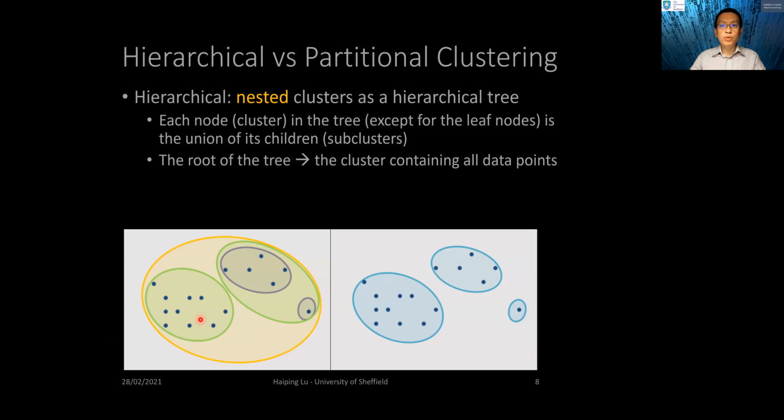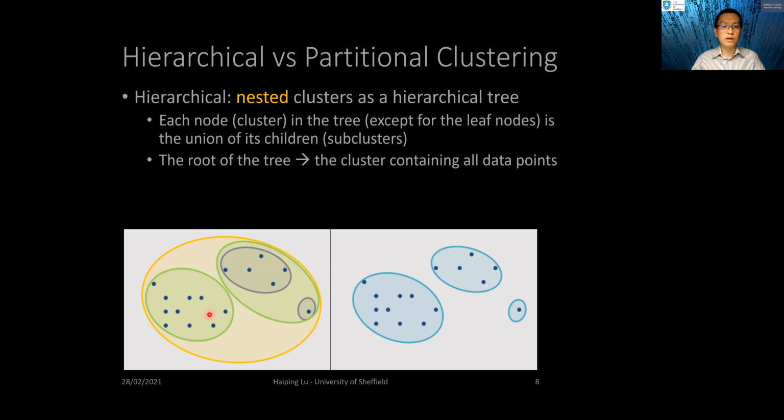There are two ways to do clustering. One is called hierarchical clustering, and another is called partitional clustering. In hierarchical clustering, the clusters are nested as a hierarchical tree, such as this. So they are nested. This is one big cluster. And then this is another one. And this is another one, but there are small clusters inside of the big clusters.